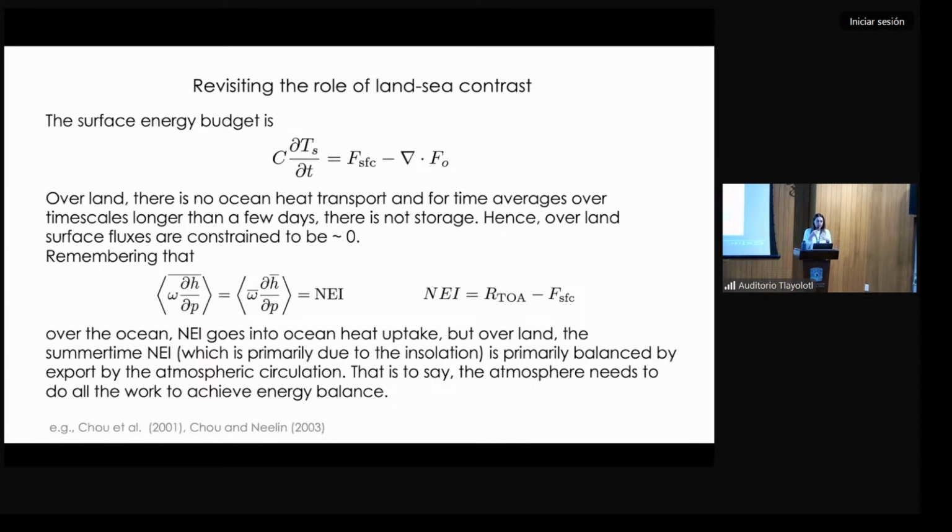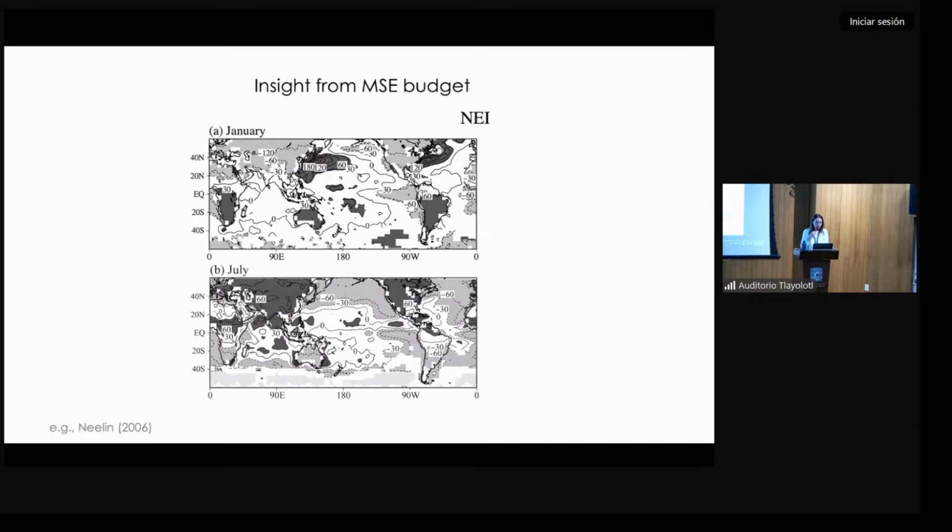And this is an alternative way of looking at why the responses, for instance of the Hadley circulation, are more pronounced over land than over the ocean. So this is an alternative view of the role of the land-sea contrast, and again, to give credit where it's due, to really great work done by Neelin and collaborators.